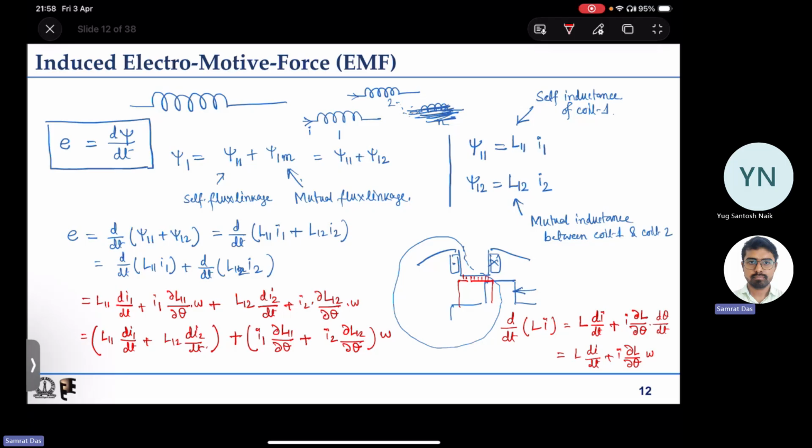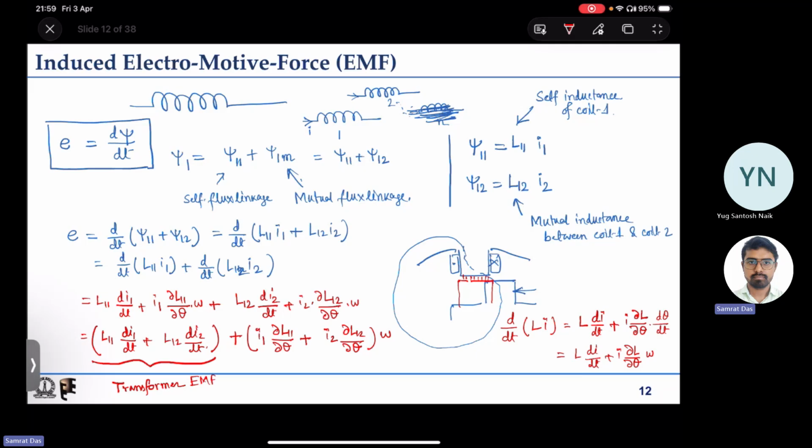Now what are these called? Both these induced EMFs are called by certain names. The first induced EMF is generally termed the transformer induced electromotive force.